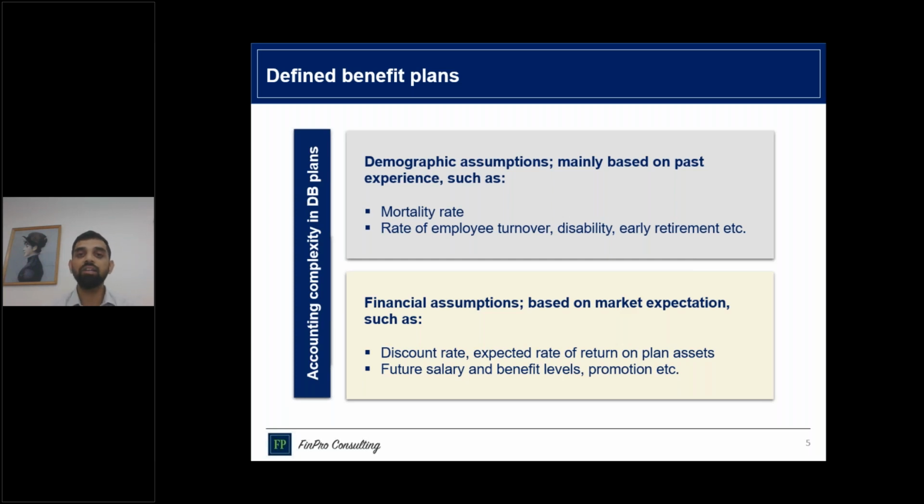And since this is actuarial science, for calculating the estimated liability under the defined benefit plan, we go to the actuary for the calculation part, who is a qualified person to carry out such activities. Hence these demographic assumptions as well as financial assumptions are commonly referred to as actuarial assumptions.